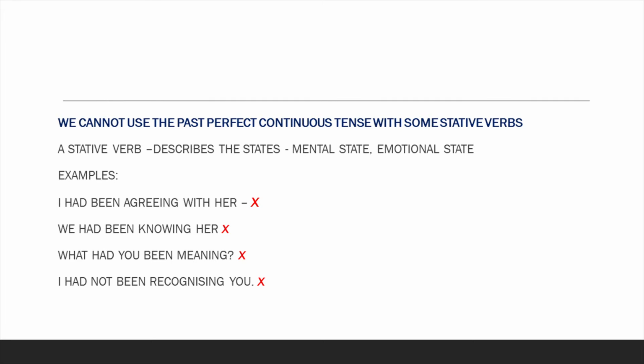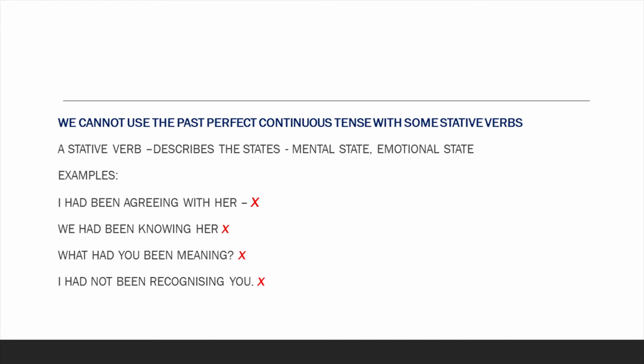So here are some examples of stative verbs again. So you can't use the past perfect continuous with some stative verbs. You can't say I had been agreeing with her. You can't say we had been knowing her. And in the same way, you can't say what had you been meaning. You only say what did you mean.